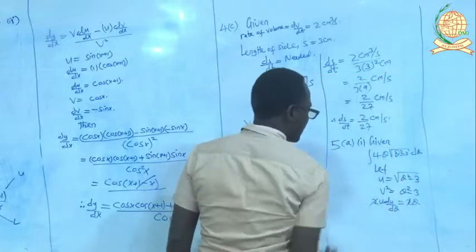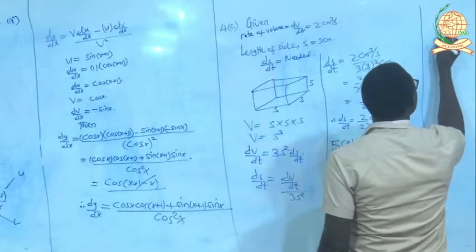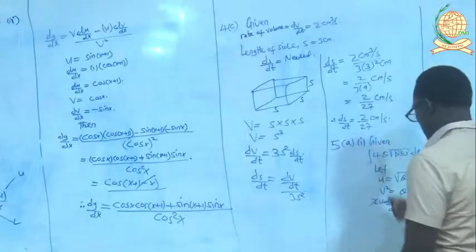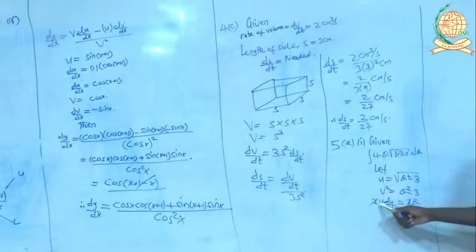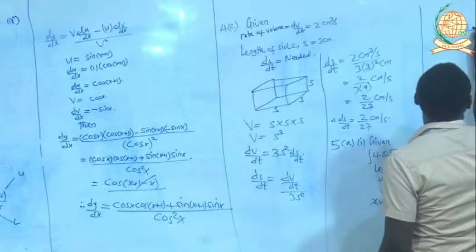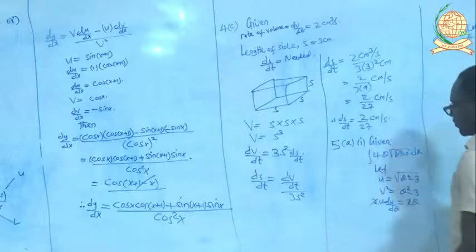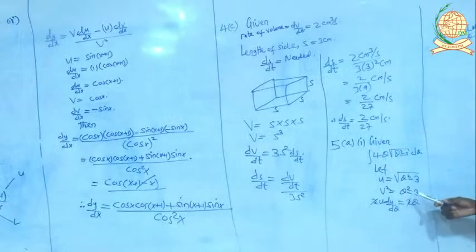Then make theta the subject. So dθ will be equal to u du over θ. Repeating again: let u equal the square root of θ squared minus 3.